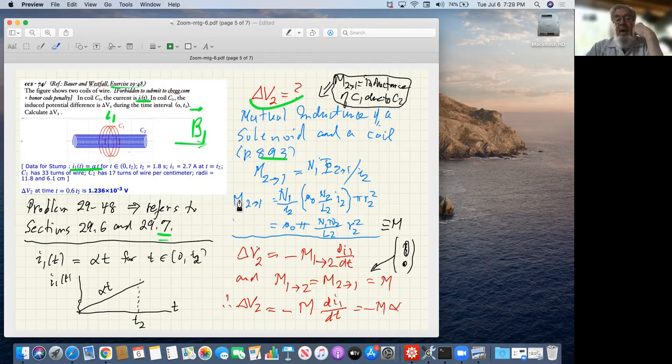What I have here is M for coil 1 due to coil 2. What I need is M for coil 2 due to current in coil 1. Now it's sort of hidden in the chapter, but if you read that chapter very carefully, you'll see that the authors point out that M12 and M21 are in fact equal.